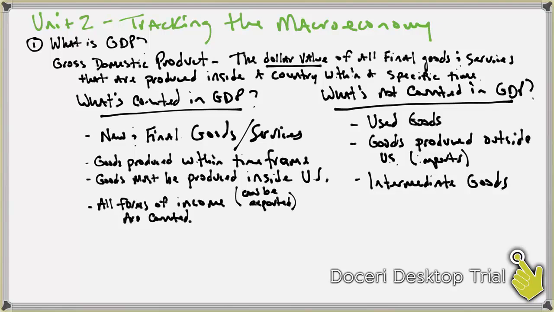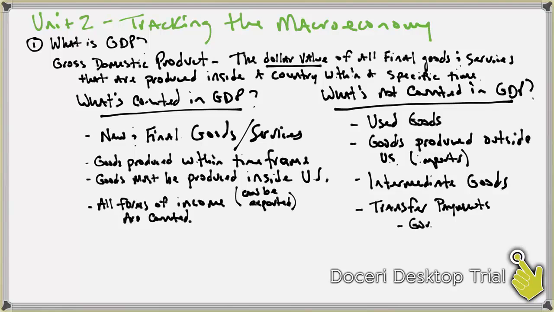And then our last transaction that is not counted is going to be what we call transfer payments. And transfer payments can come in two different forms. They can be from the government.